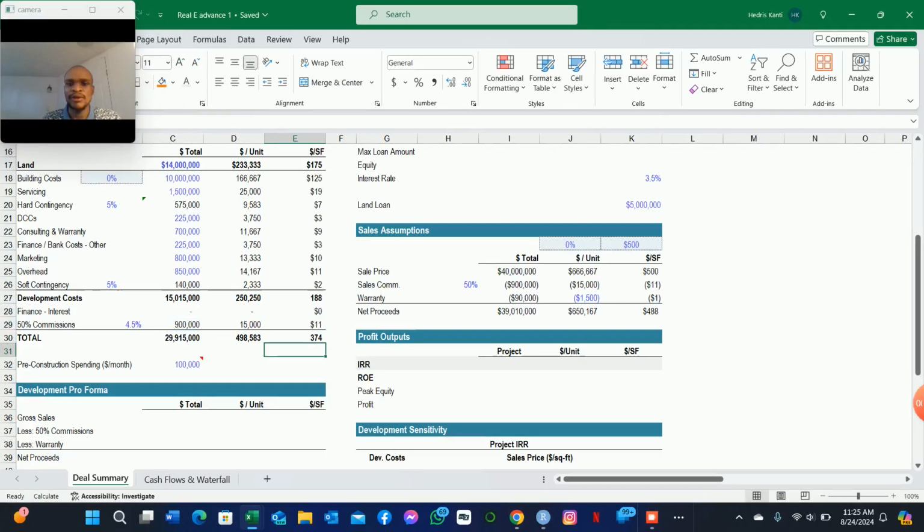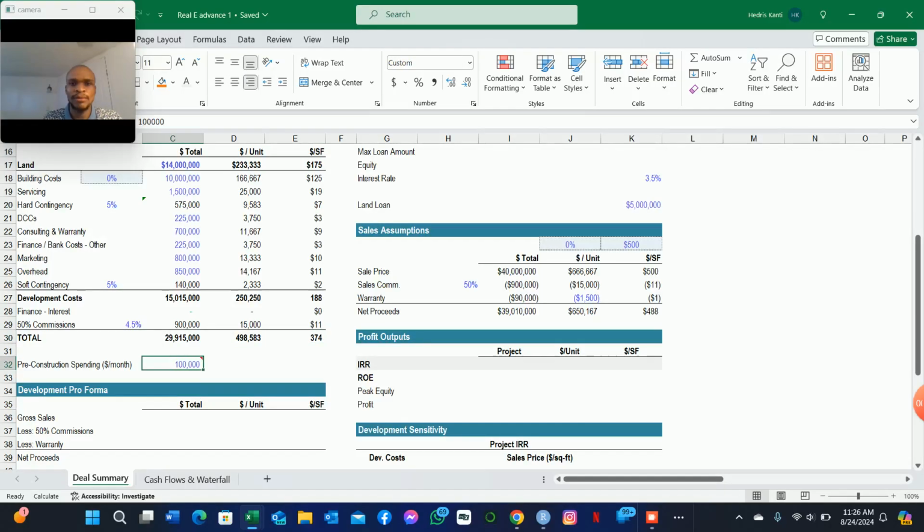So for this development project, we see that the total cost is approximately $30 million. And then we see that for per square foot, it's this amount, and per unit is this amount.